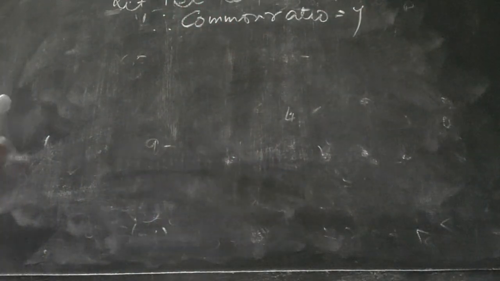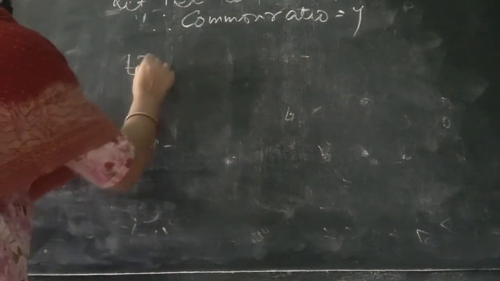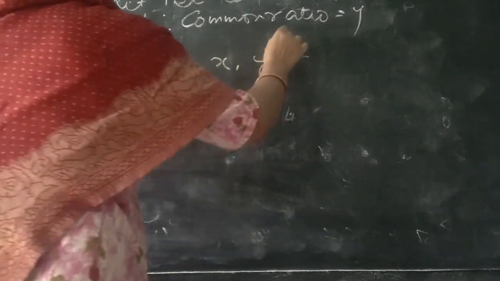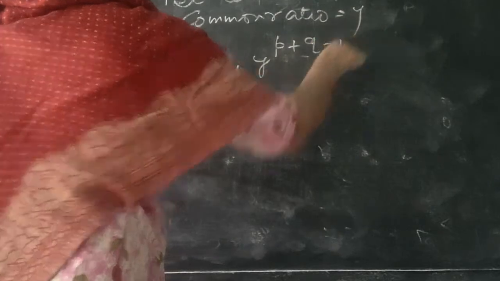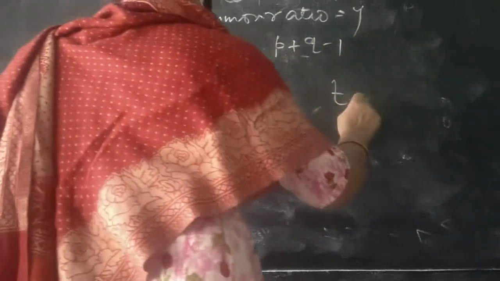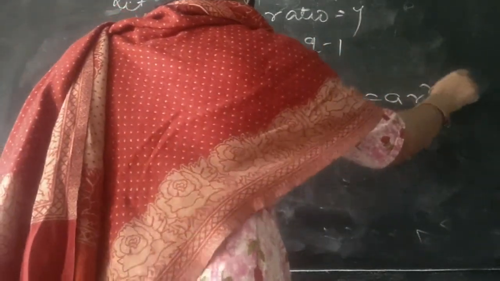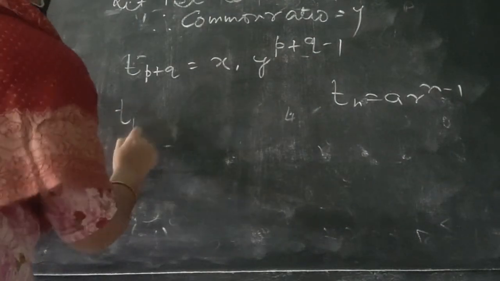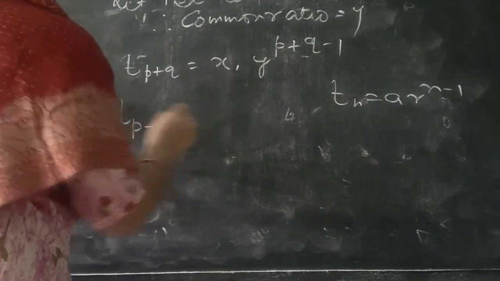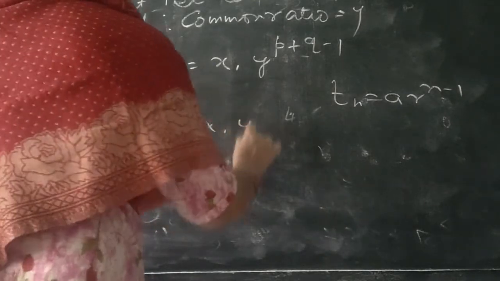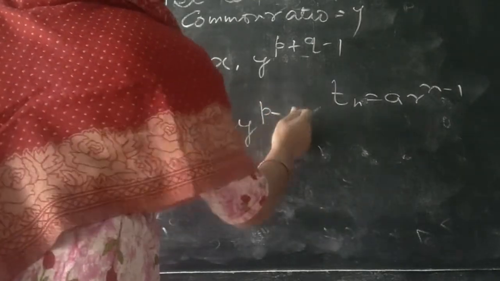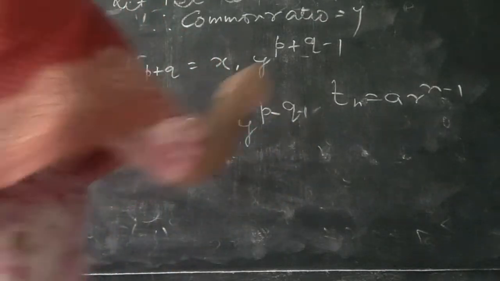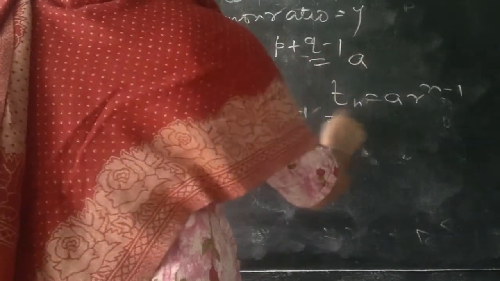So I can write T(p plus q) is equal to x y to the power p plus q minus 1, because we know Tn equal to a r to the power n minus 1. And T(p minus q) is equal to x y to the power p minus q minus 1. This equal to a and this equal to b.